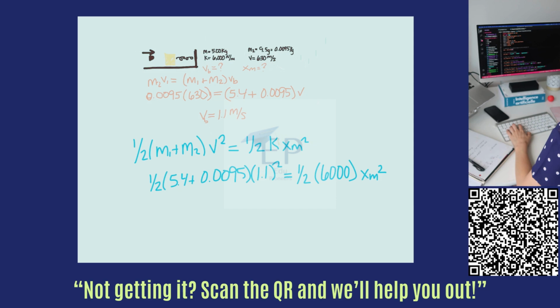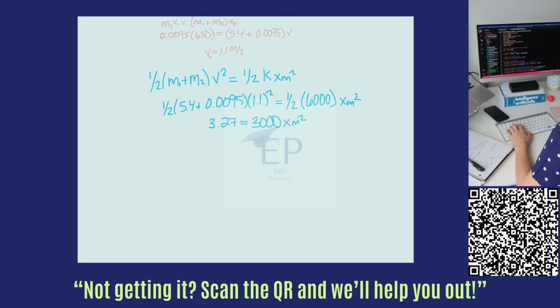So we end up with 3.27 equals 3,000 x_m squared.